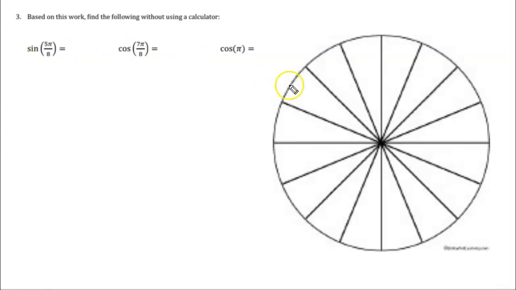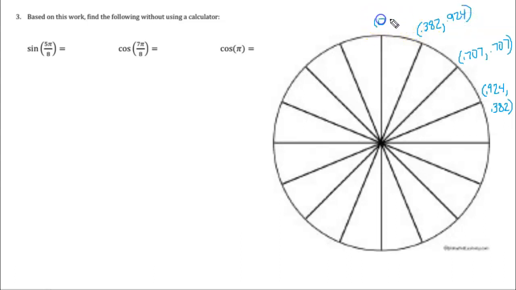So here we have the whole unit circle. We figured out that this point was (0.924, 0.382). And this point was (0.707, 0.707). And this point was (0.382, 0.924).